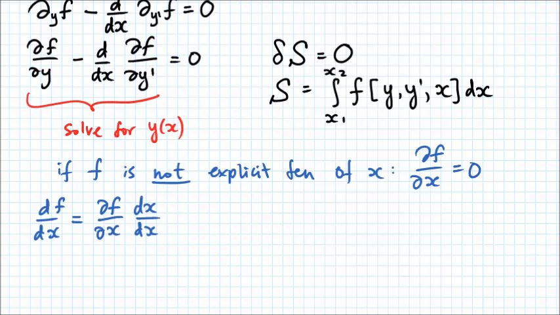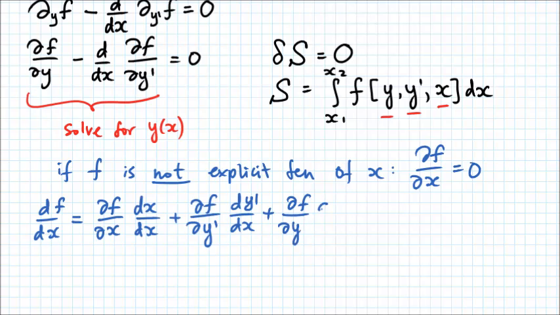Since f depends on x, y prime and y, we will write it first for the last argument, then partial derivative of f with respect to y prime, and then full derivative of y prime with respect to x, and finally partial derivative of f with respect to y and full derivative of y with respect to x.